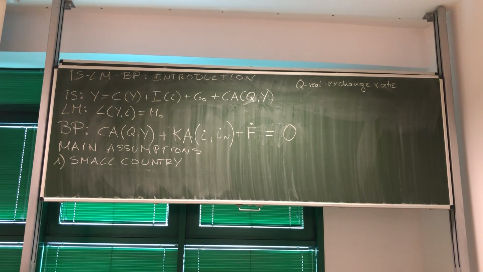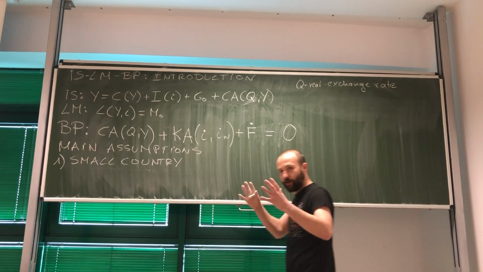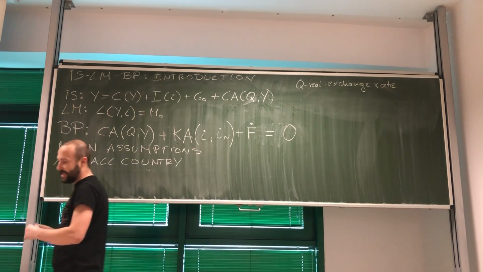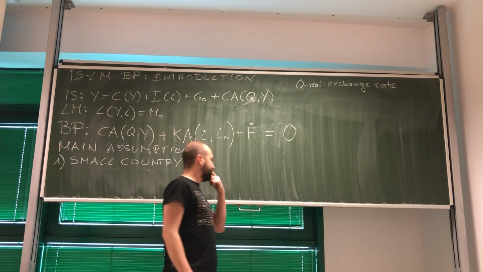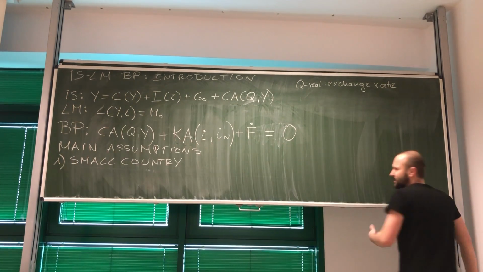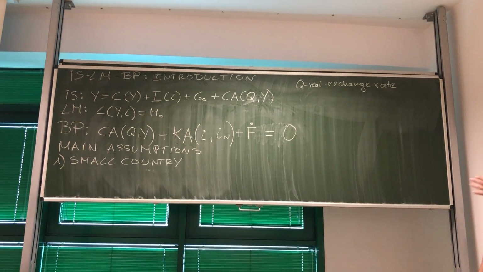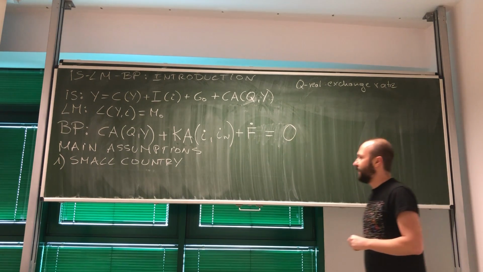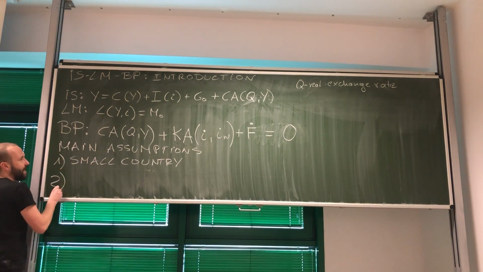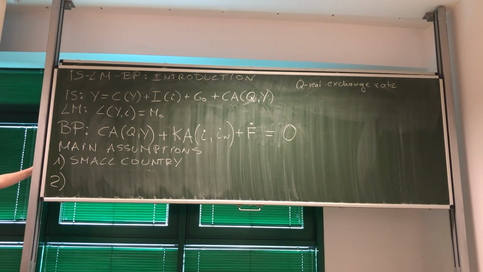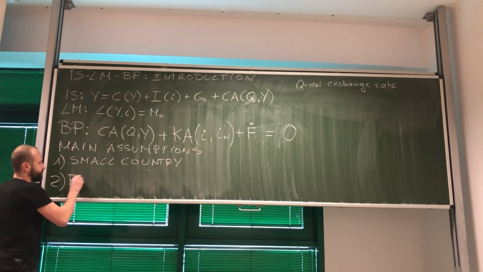If something happens in China, in the European Union as a whole, or the Euro area as a whole, or in the United States, the situation might be a little different. But we are considering an average small country. Okay, and of course the second assumption we're going to undertake here is that we're going to have fixed prices.